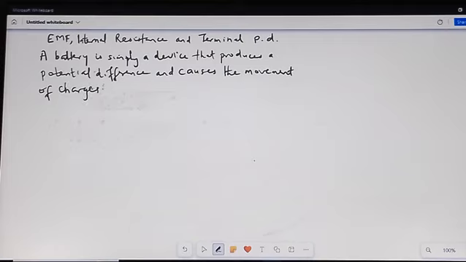That is the best, or let's say the simplest definition of a battery.